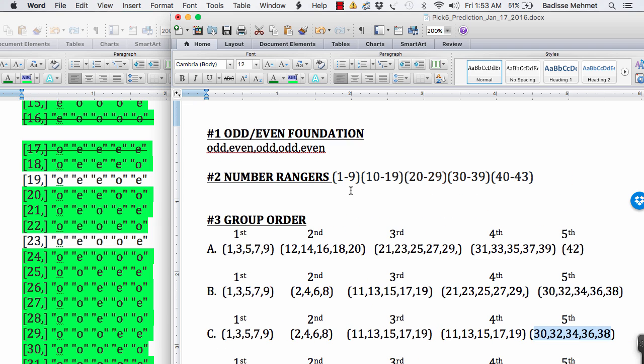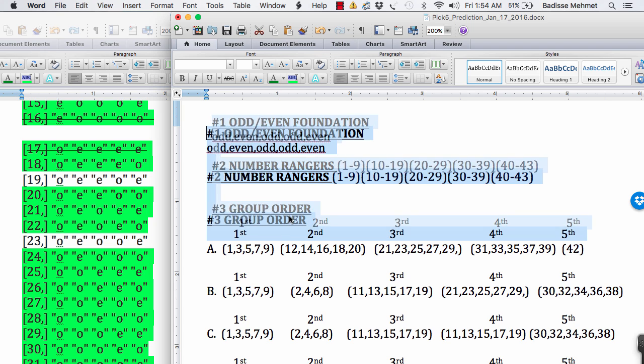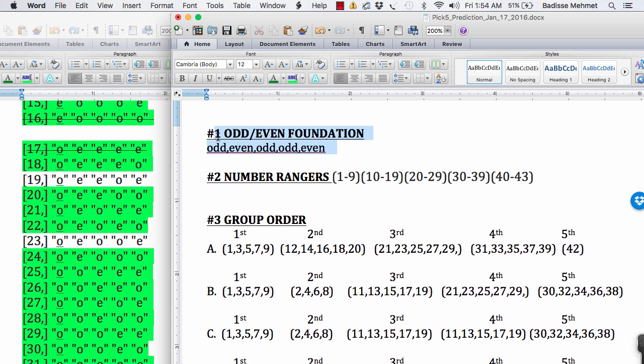If you are not thinking in this type of methodology when picking your lottery numbers, then you are not playing the lottery correctly. You're just guessing in the air, and most likely you're holding losing numbers before you even bought your tickets. You must think about, number one, the foundation, the odd even foundation, before you even start picking your numbers.